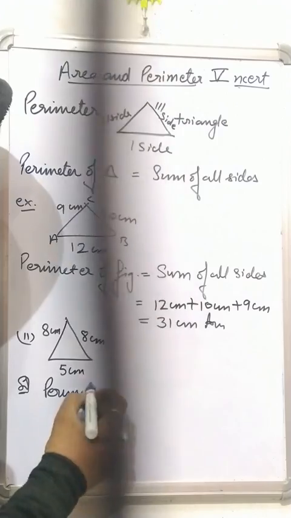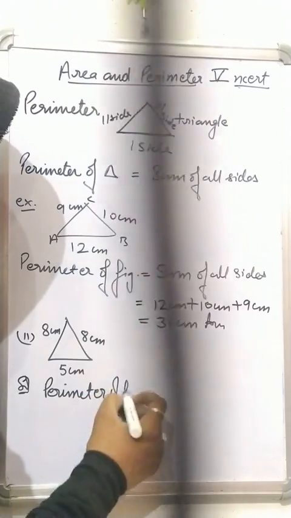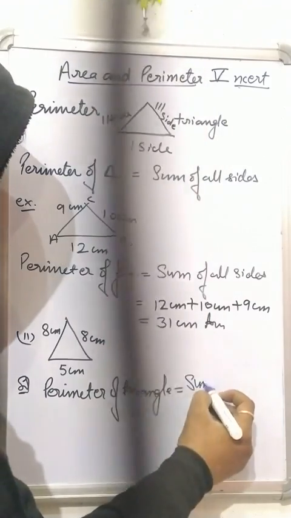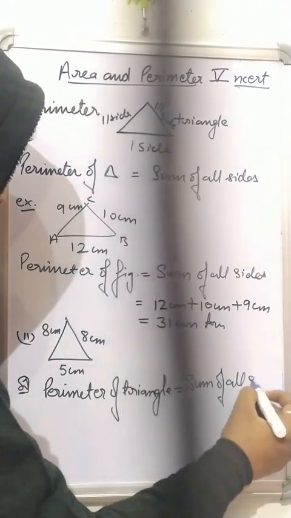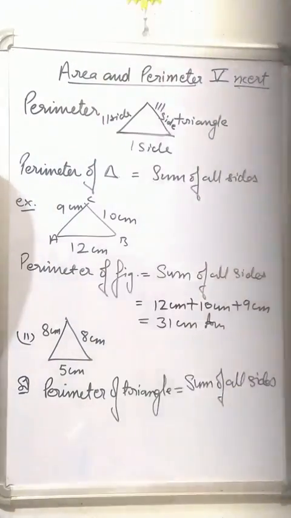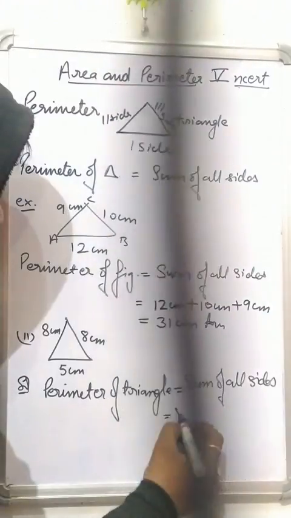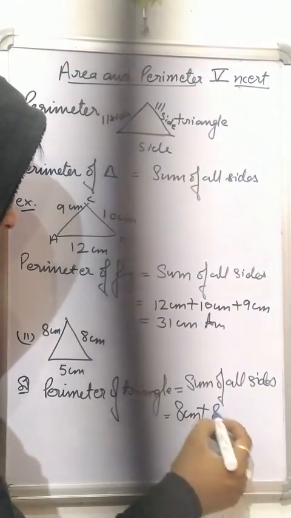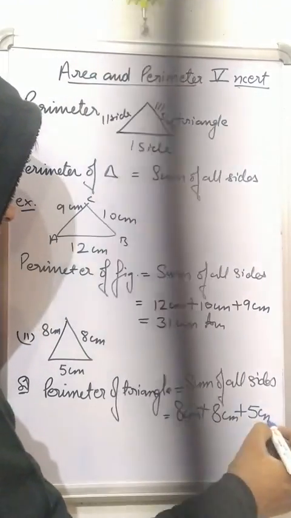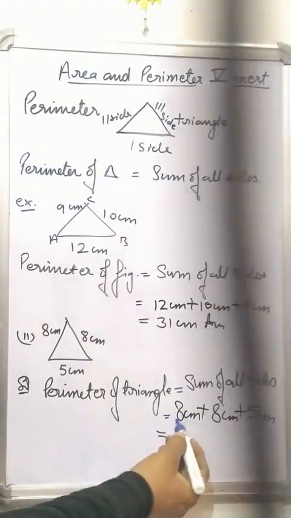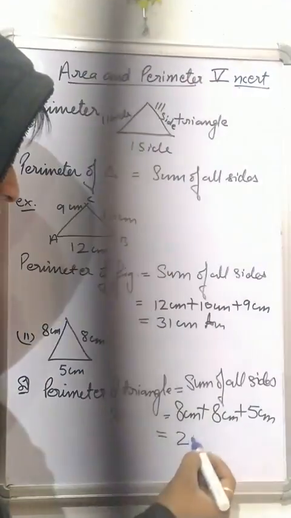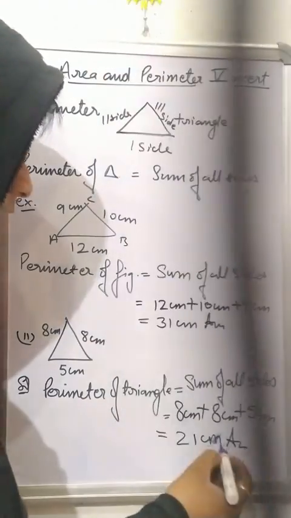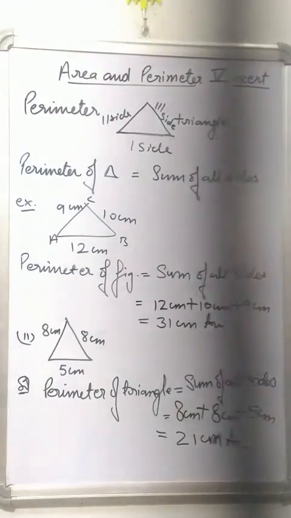Perimeter of triangle is equal to sum of all sides. Now 8 centimeter plus again 8 centimeter plus 5 centimeter. 8 plus 8 is 16, plus 5 is 21 centimeter, your answer. 21 centimeter. Is that clear?